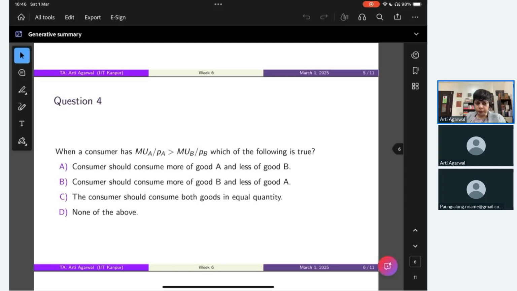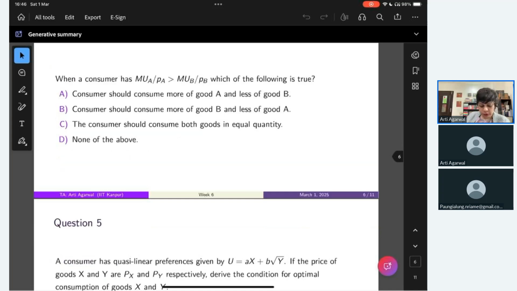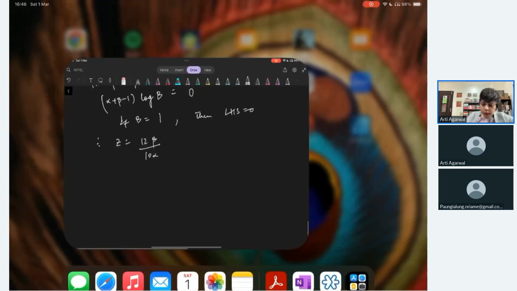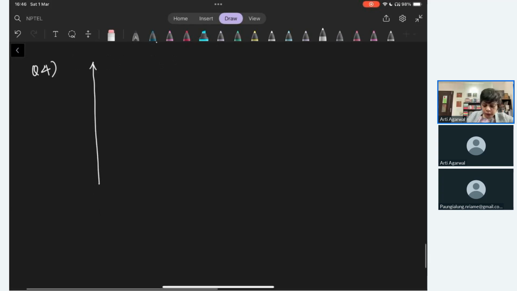Okay, so I think I'll just illustrate this question. That way we can understand it better. In any kind of utility maximization setup, you will have something like this.